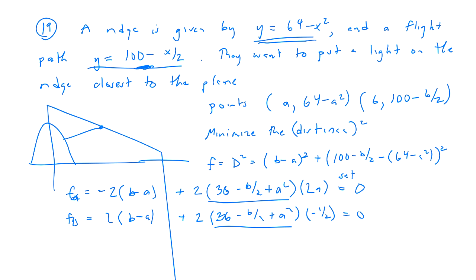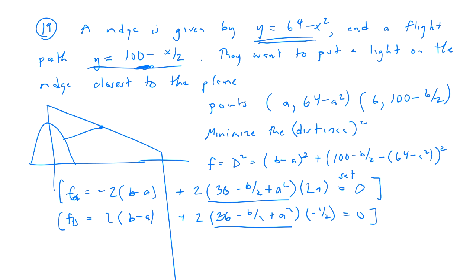So what I'm going to do is multiply this first by nothing. That's 4a. And this is -1 times the same thing.